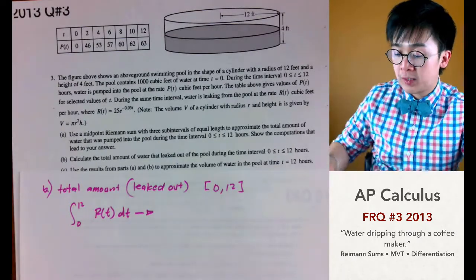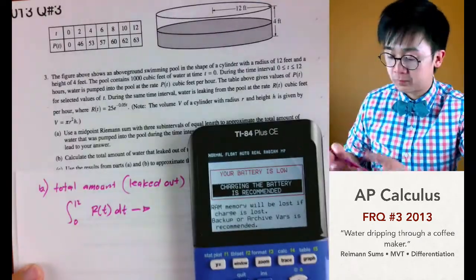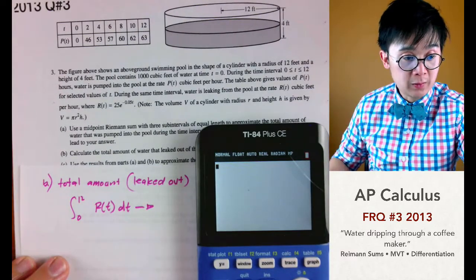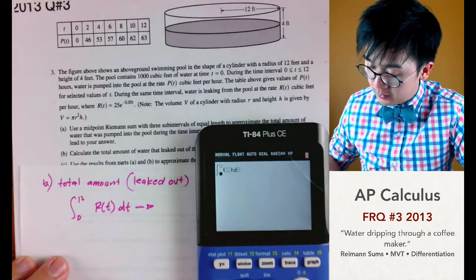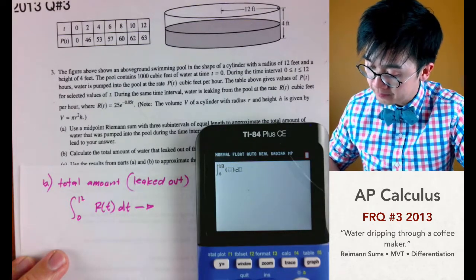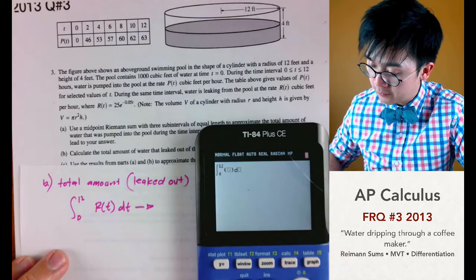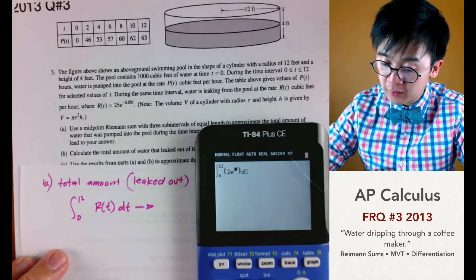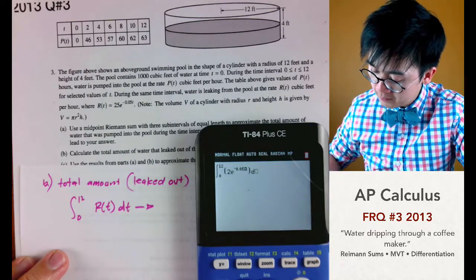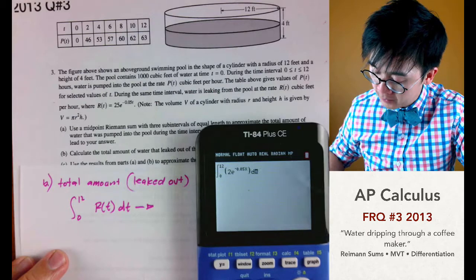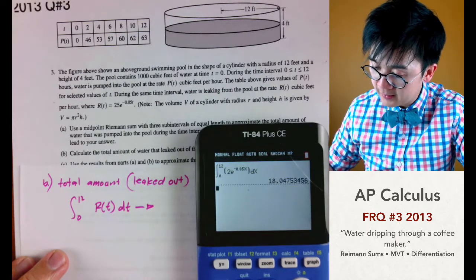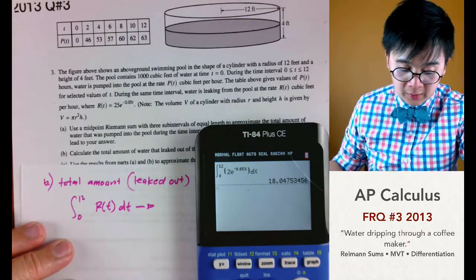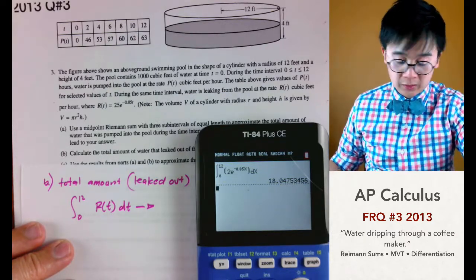In this case, we're going to be using our calculator. So on the calculator, we push math 9 for the integral from 0 to 12, and let's plug in the function R of t, which is 25e to the negative 0.05x dx, and our calculator will give us this value.